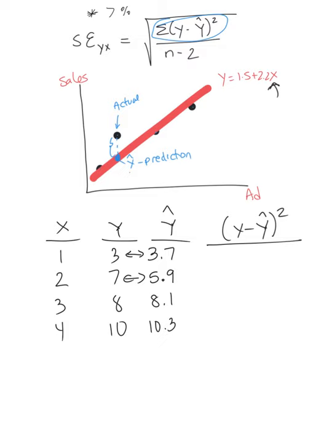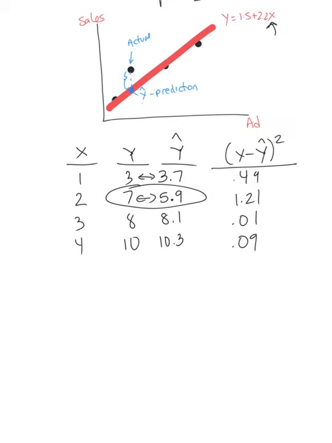So let's find those squared residual values between y and predicted y. Okay, so we have 0.49, 1.21, 0.01, and 0.09. Looks like the biggest gap here is when ad expense is $2 million. Again, that could be purely coincidental based on the monthly sales that we're looking at.